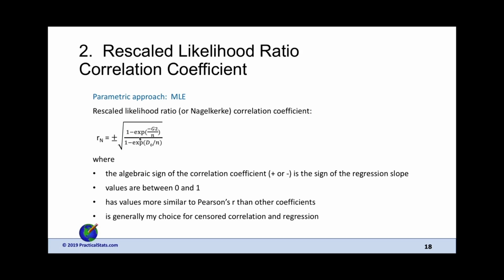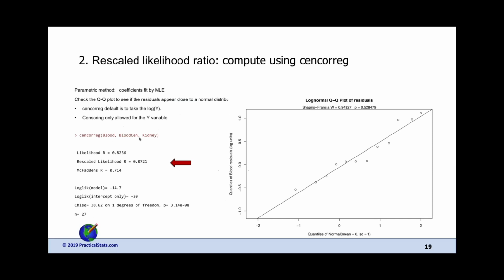This is the one I generally use. It's still lower than Pearson's r for the same strength of correlation, but it's actually a bit closer than the standard likelihood ratio. Of all of these, and there are at least 3 others that are correlation coefficients based on some sort of maximum likelihood statistic, this is the one that's most similar to Pearson's r and would be the most familiar to you.